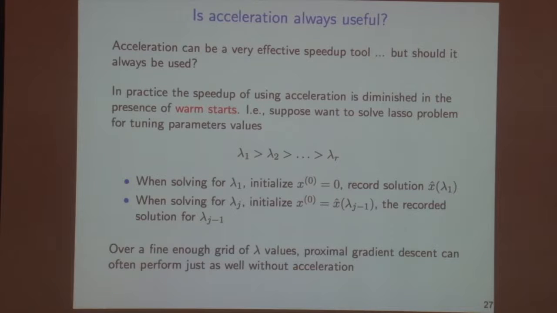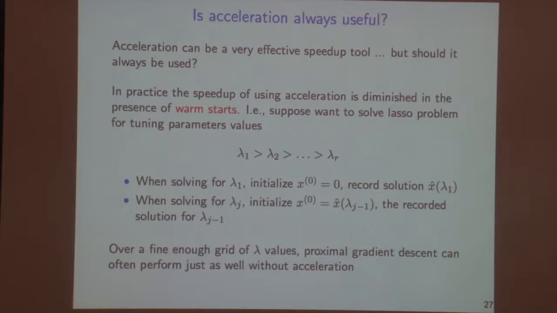Here are a few things to think about when applying acceleration. First of all, the gain you get from acceleration is often diminished when you're solving many optimization problems in sequence and using what are called warm starts. In many of these problems we've talked about, there's some penalty parameter. With the lasso, there's the penalty parameter lambda. With matrix completion, there's a penalty parameter.